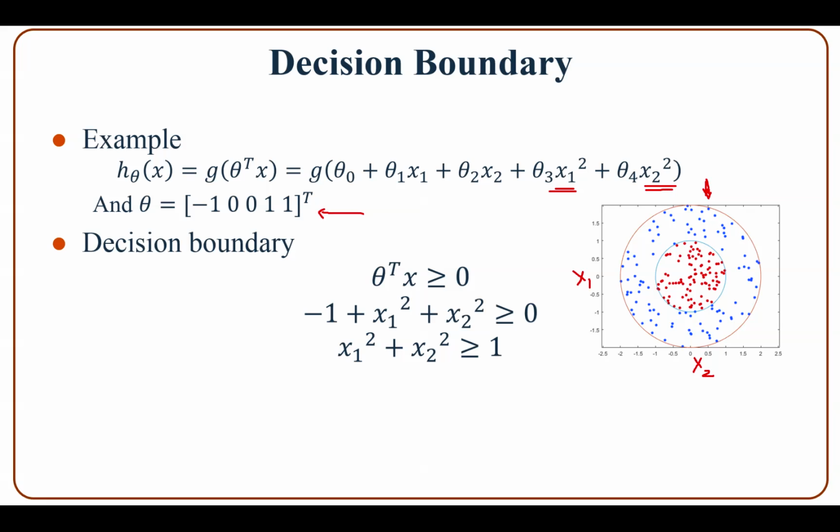Similarly, assume that from the data we get the vector theta that makes the cost function minimal. From there we can draw the decision boundary. It is where z is equal to or greater than 0, and z is actually equal to theta transpose times x.